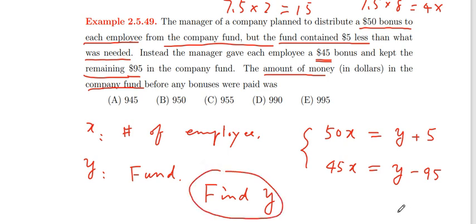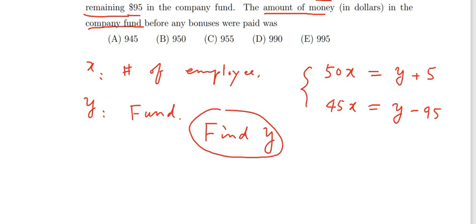So for such a problem, we usually cancel x, then find y. But for this problem, maybe cancel y and find x first. Finding x is really easy. We say equation 1 minus equation 2, so we can easily find 5x equals 100.